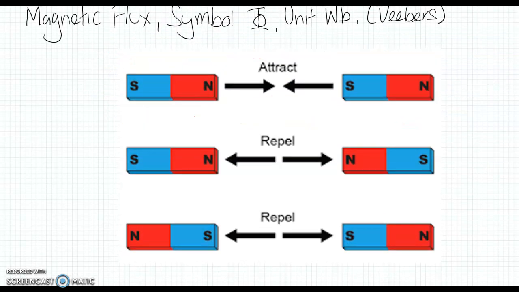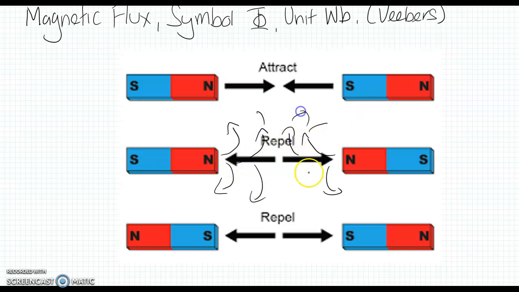When we have two magnets which have like poles, so north to north or south to south, they repel. That's because the lines of flux, as they come out of the bar magnet into the air, effectively repel each other. So there is no way that the two can basically pull together. They are repelled.